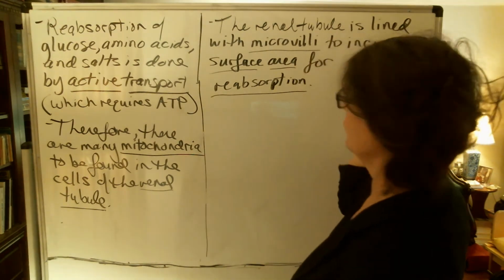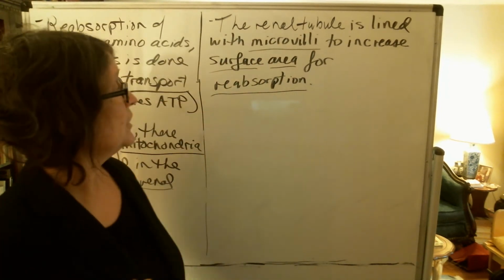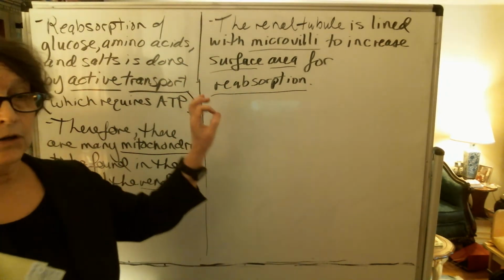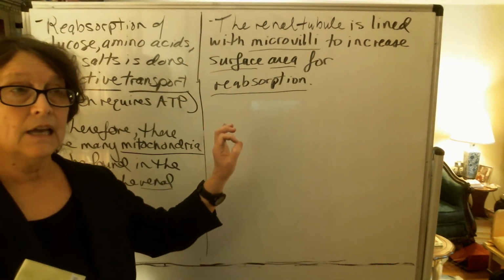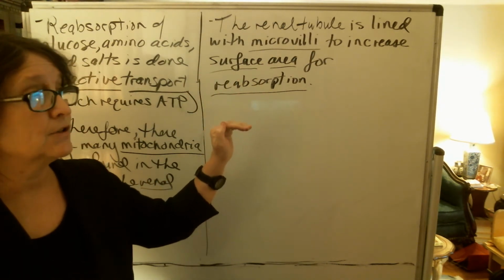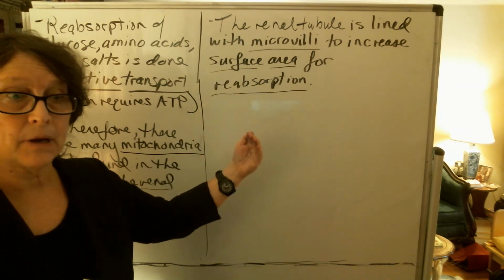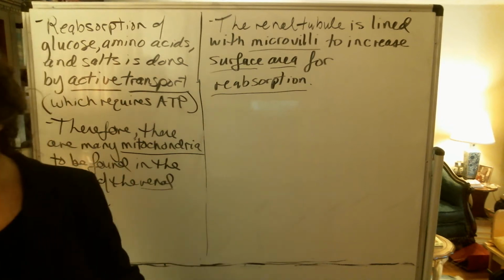Reabsorption takes a lot of surface, basically, because this can only take place at surfaces, and so therefore you're sort of actively making more surfaces by having the microvilli there.